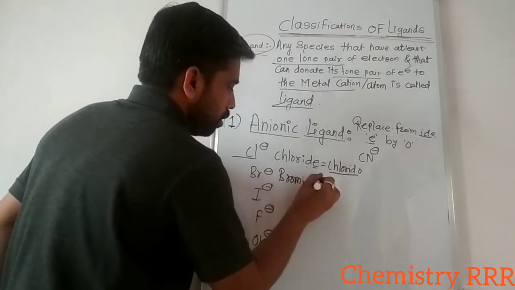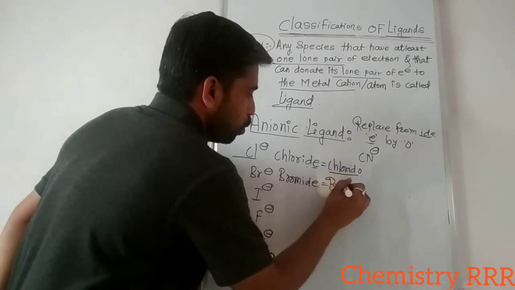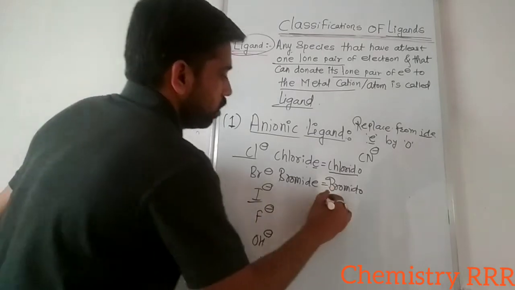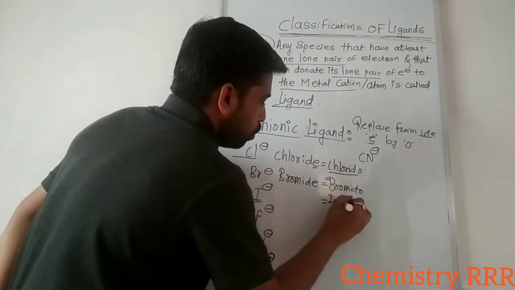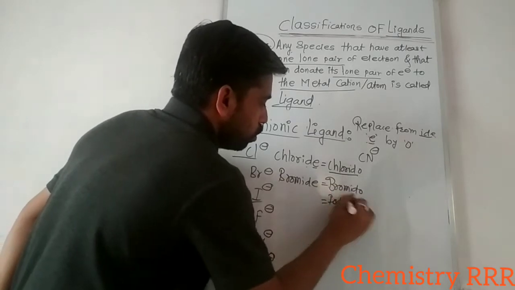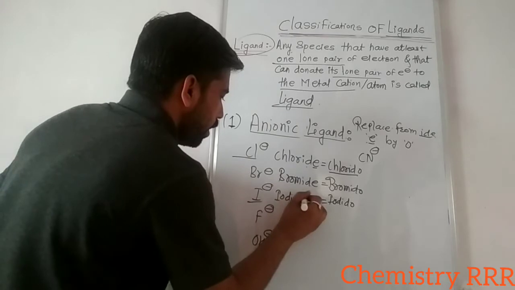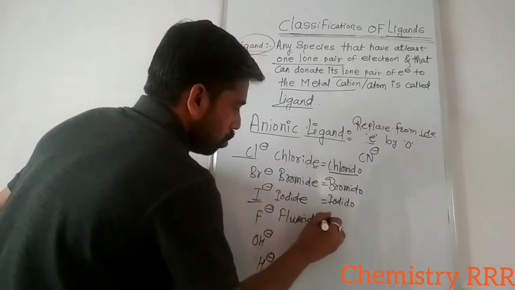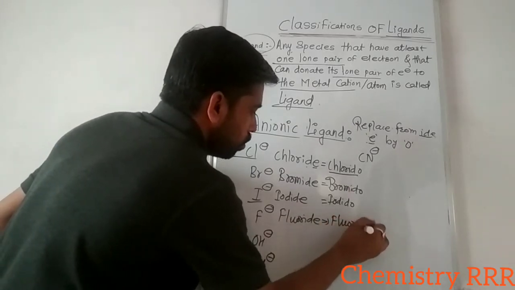This ligand is bromide, so the IUPAC name is bromido. For iodide, iodido. Then chloride becomes chlorido.